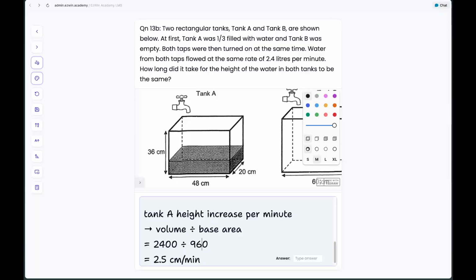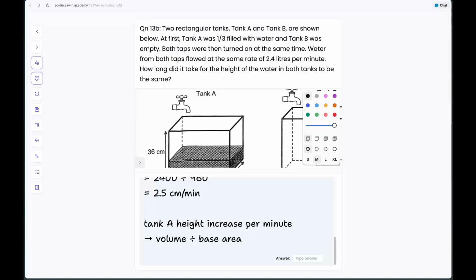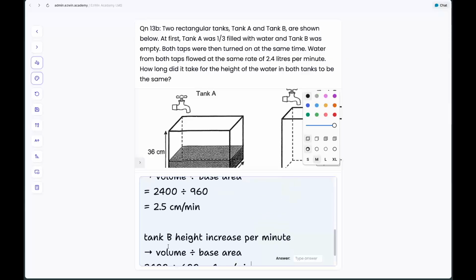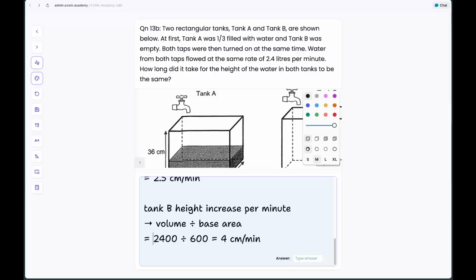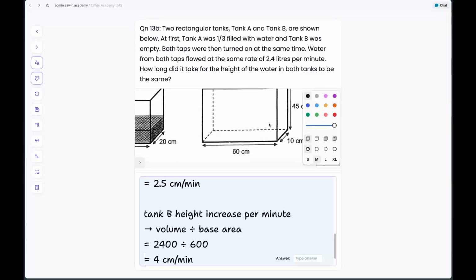So we're going to do the same for tank B. Since the water rate is the same, we can divide the same, which is 2,400 divided by 600, which is the tank B base area, and that will give us 4 centimeters per minute in terms of increasing, as what I see over here.